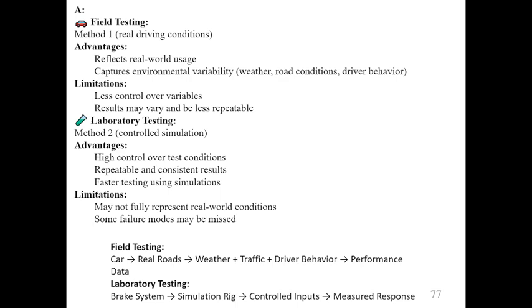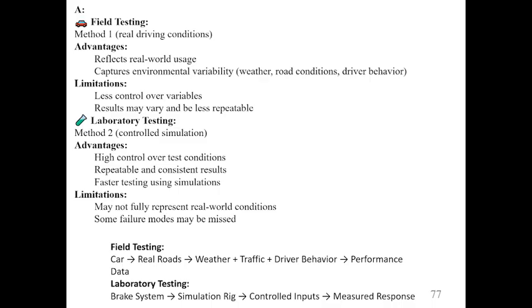So, as I told you, in this example we want to compare field testing and laboratory testing by using an automotive braking system. In field testing, the system is evaluated under real driving conditions where factors such as weather, road surface, traffic, and driver behavior all influence performance and should be taken into account.